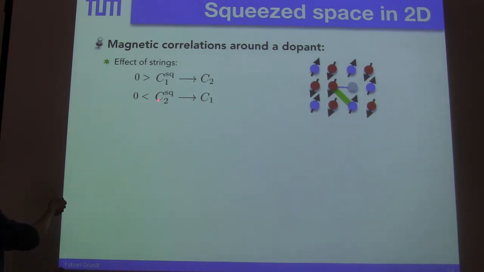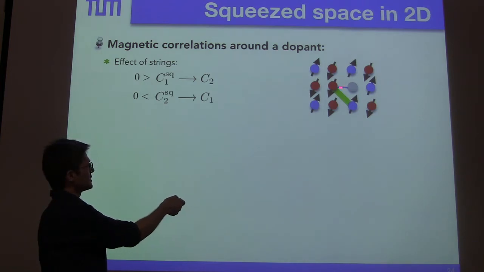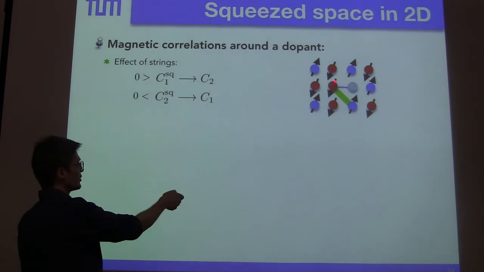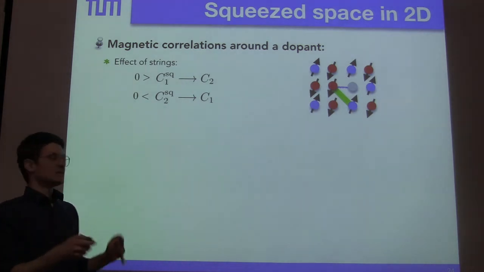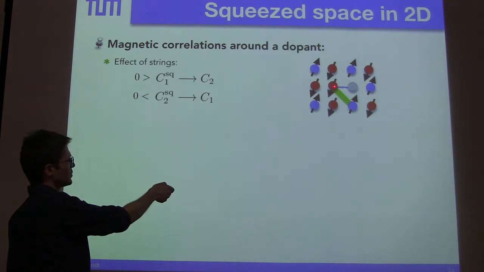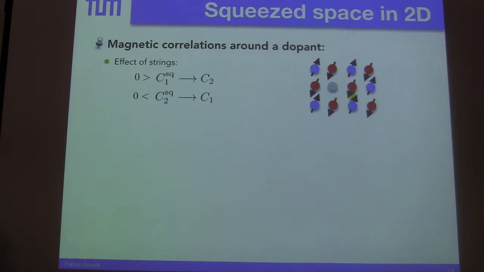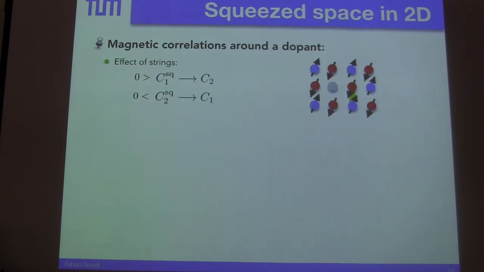And of course it also goes the other way around. The C2, the diagonal ones in squeeze space, become nearest neighbors, okay? But what this means is if you now look at this hole here, and you look at the diagonal correlations around the hole, those are the correlations that used to be nearest neighbor and therefore negative, right? Because, you know, red and blue, they used to be next to each other, and now they become diagonals.